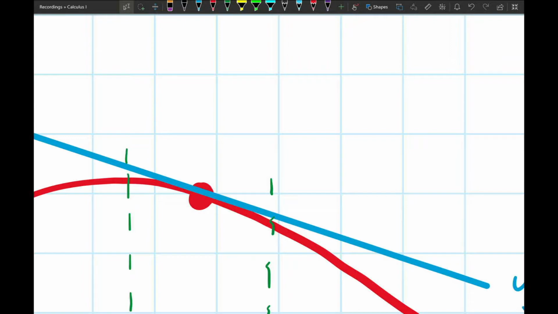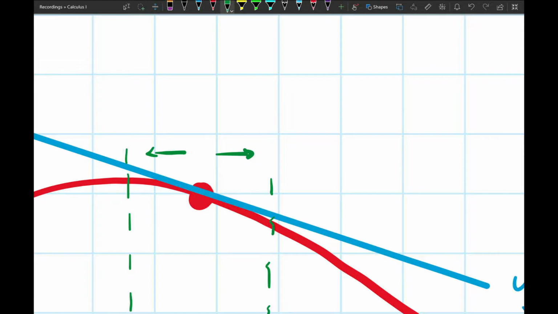After a certain point, the blue tangent line doesn't do a very good job of approximating the red curve, but certainly as long as we're within some small range of values on either side of a, the blue line and the red curve are nearly the same.